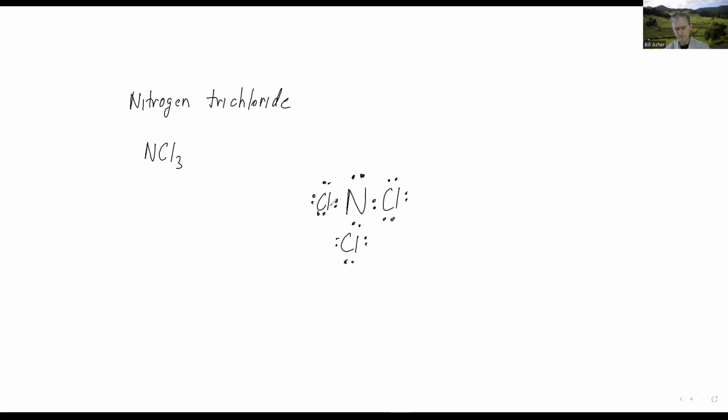And so we could write this as N. So this is the pair on the nitrogen, and then you would fill in all of the electrons around each chlorine. So that's how you draw Lewis structures, and it's relatively straightforward.